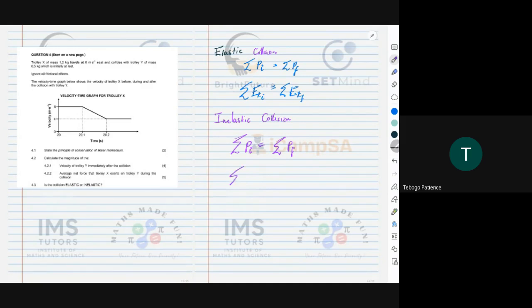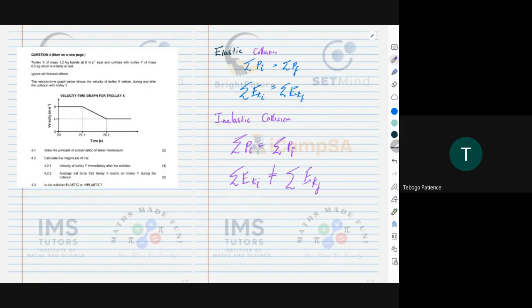But the kinetic energy is not going to be conserved here. It's never going to be conserved. Okay, this is how it's going to be.